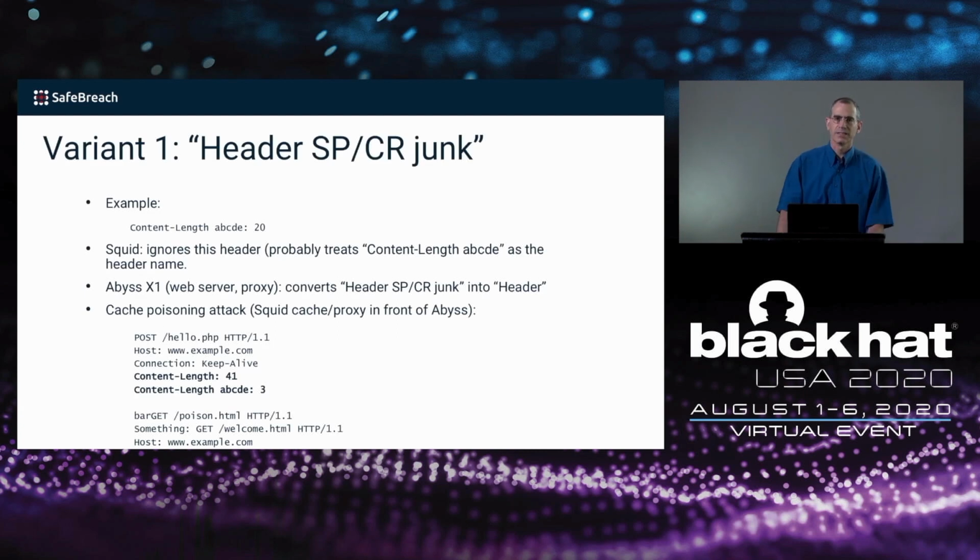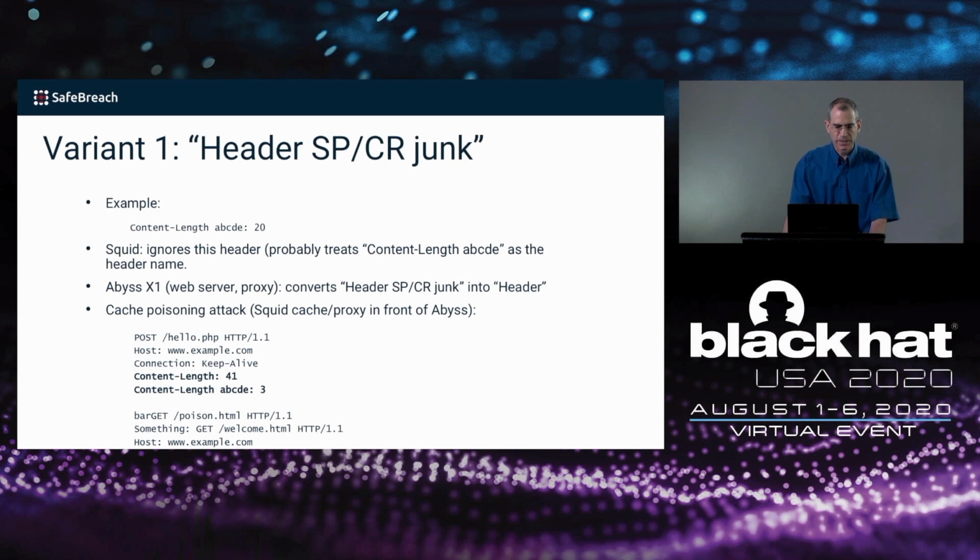Let's see some interesting variants. First is a header followed by space or carriage return, followed by some junk. For example, a content length header, followed by the content length, followed by a space, followed by ABCD, with a value of 20. And as it happens, Squid ignores this header completely, but it forwards it as is. Whereas the Abyss X1 web server converts it into just the header part without the space or the junk.